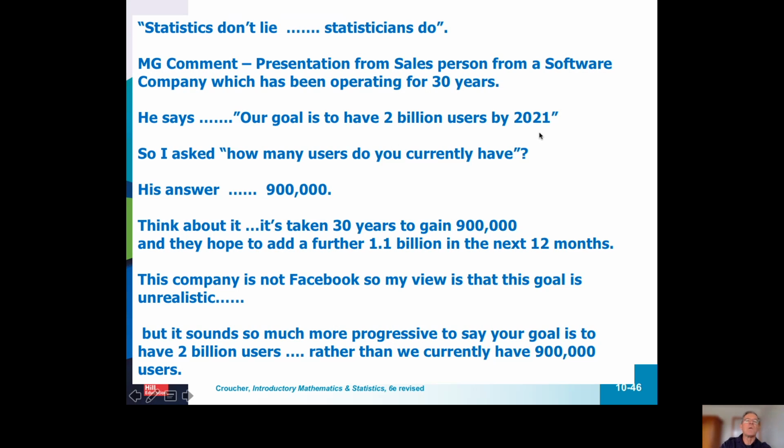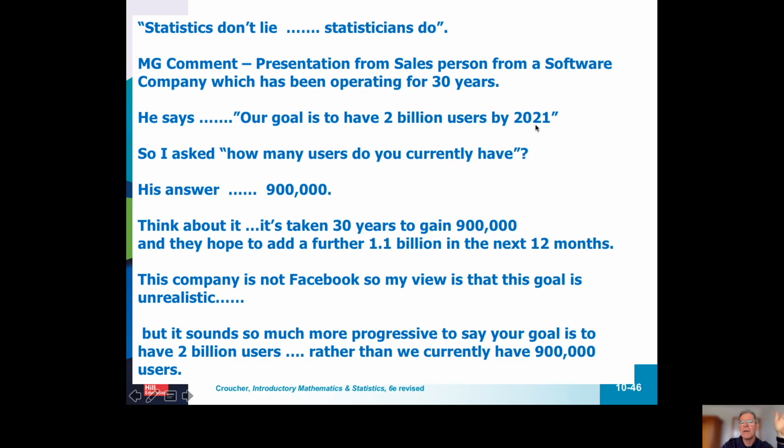And a lot of people, and then he goes on, a lot of people, and I thought, hang on, that's well and good, but I wonder how many you've got now. So he talked for a little bit longer, and I asked, how many users do you currently have? And he said, oh, yeah, we've got 900,000 users. And so I'm thinking, well, it's taken you 30 years. So he didn't lie when he said our goal is to have 2 billion users by 2021.